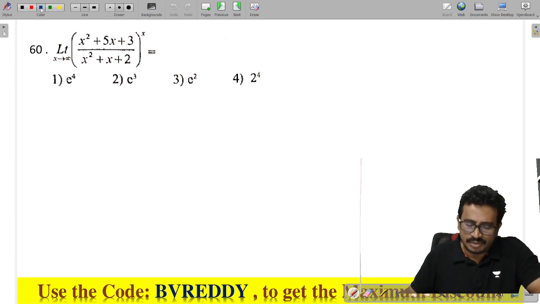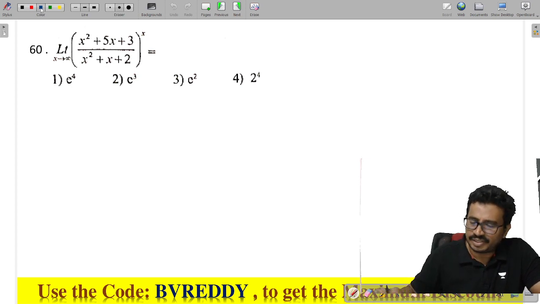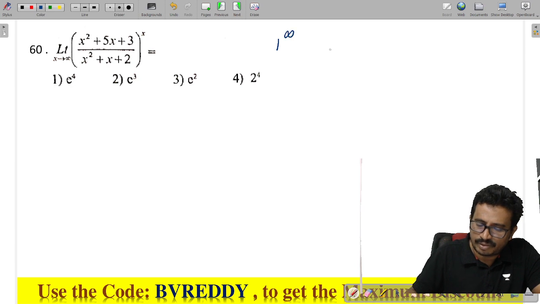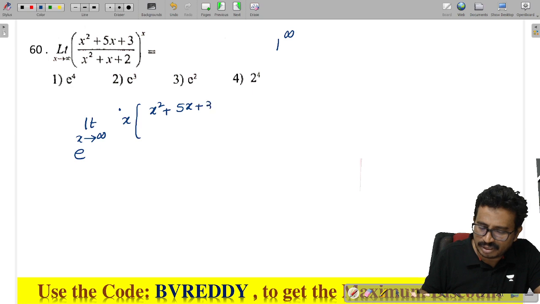Now you see this thing, limit x tends to infinity, what happens? Now here you can see it is a 1 power infinite form. 1 power infinite form, which is given as e power limit x tends to infinity. Tell me now here, x into (x square plus 5x plus 3 by x square plus x plus 2 minus 1).